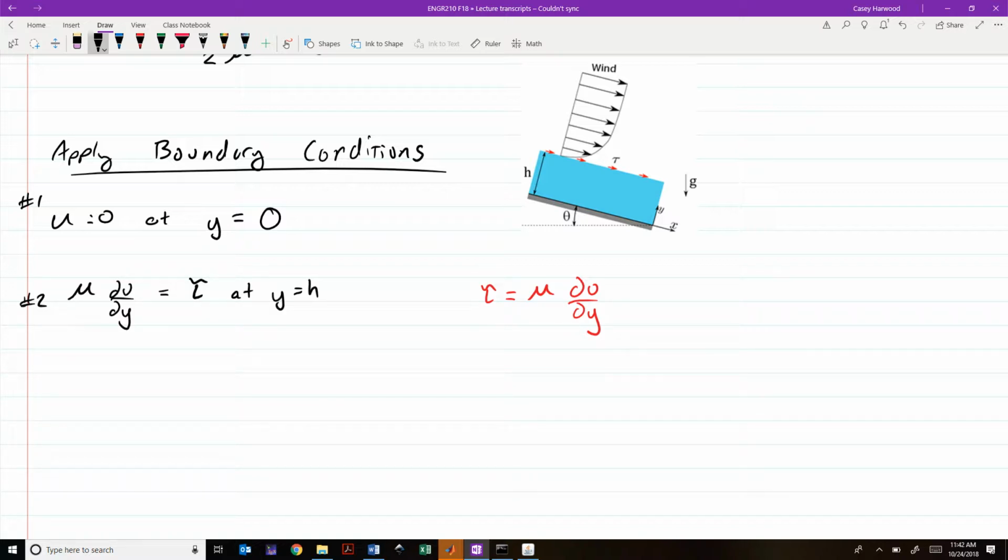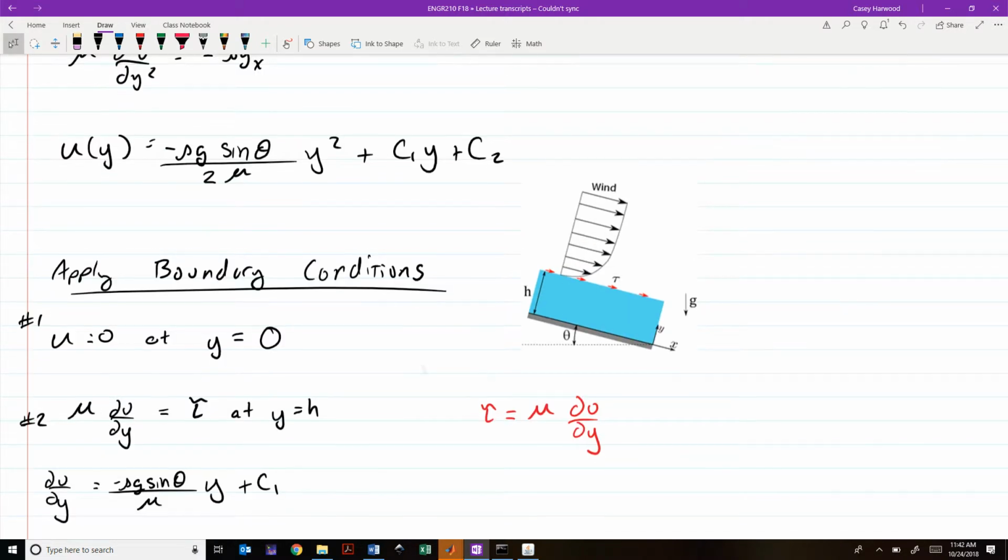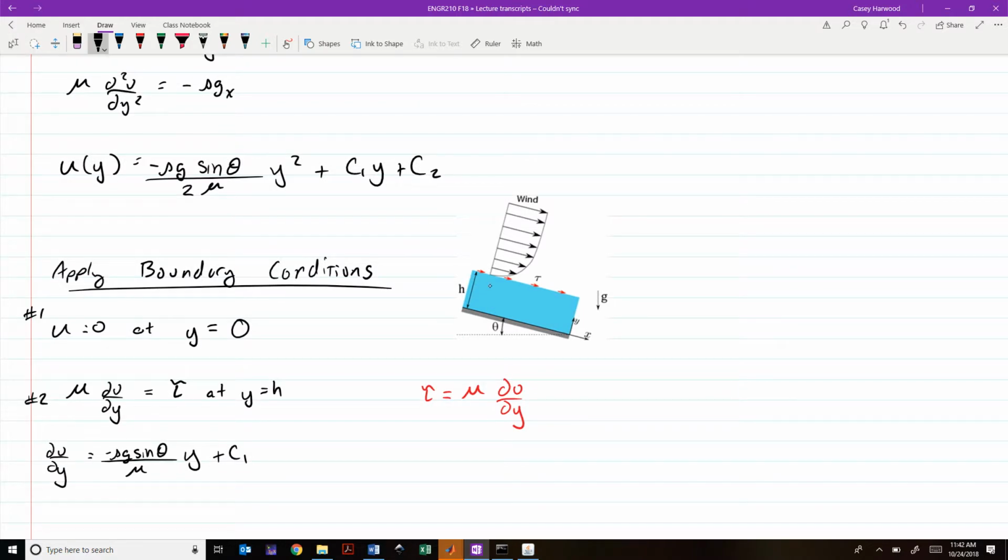Okay. And so if we take du dy, this ends up being negative rho g sine theta over mu y plus c1, if we had integrated this one time, or if we took the first derivative of this term to get the slope.